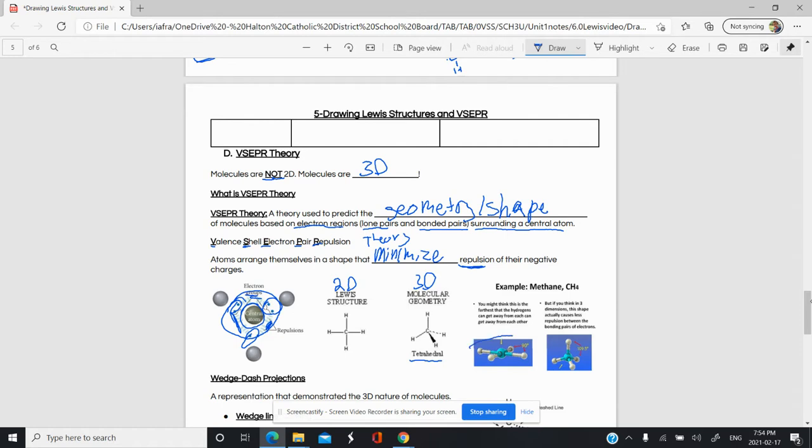You would think that this is the best 3D shape here, where you have sort of 90 degrees between those atoms and 90 degrees between these atoms, but that actually has a lot of strain for all these bonded electrons in there. So the best way to minimize the repulsion between the bonded electrons is to use this setup here, which is tetrahedral.